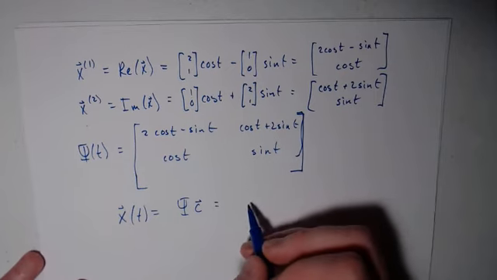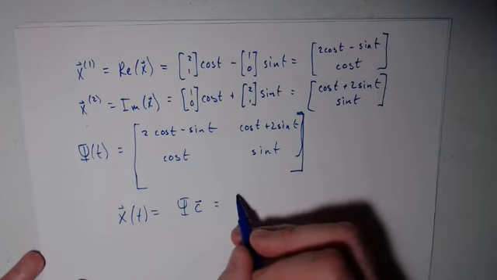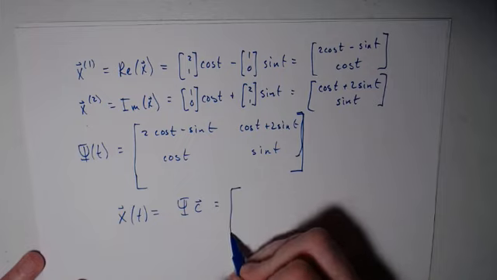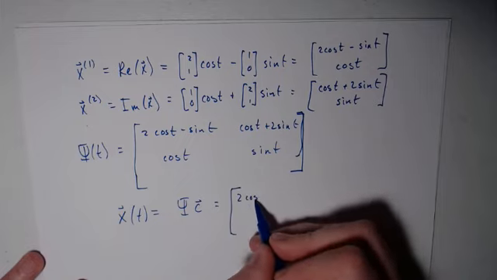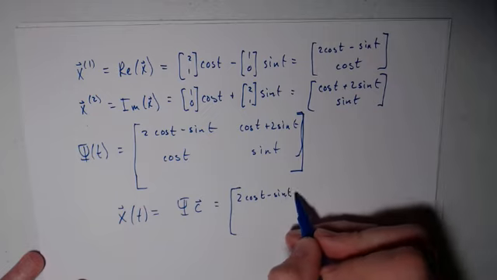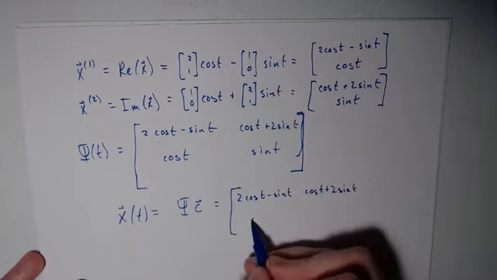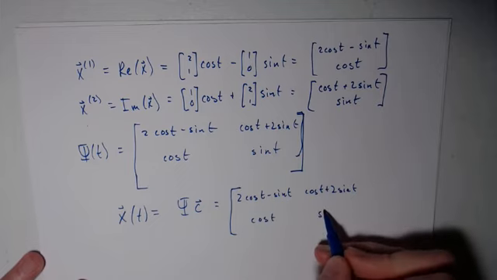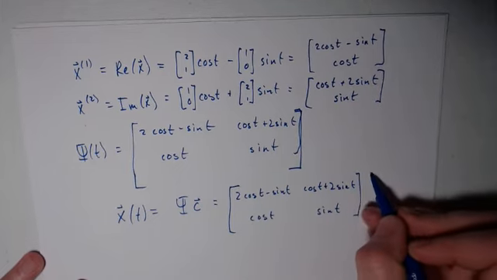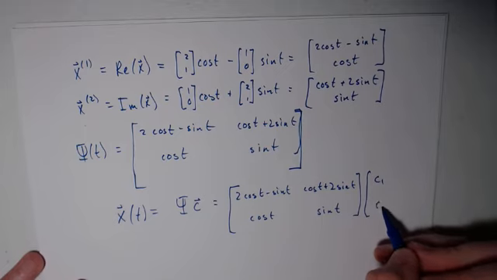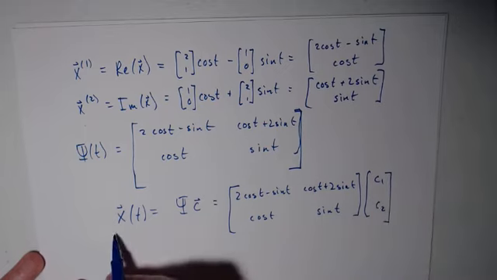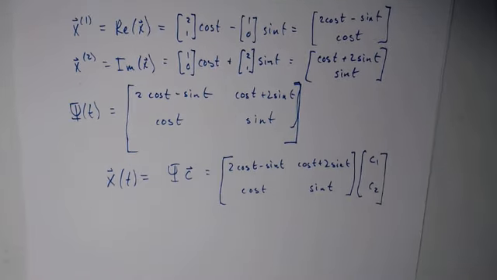So we can write this as, I don't want to rewrite all that, but I will: 2 cosine t minus sine t, cosine t plus 2 sine t, cosine t, sine t, times c1, c2. And that would be the general solution for this system.